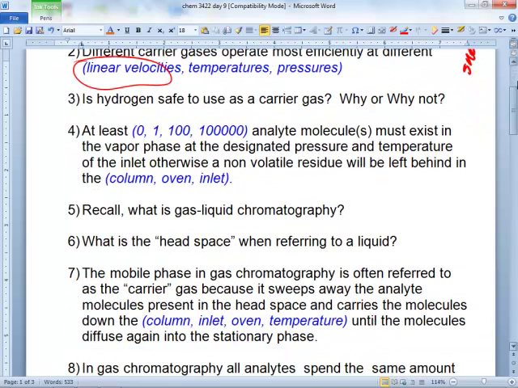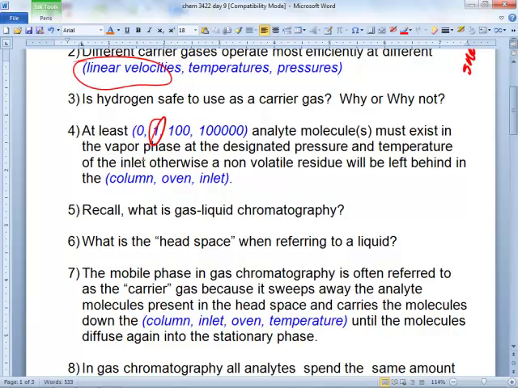How about number 4? At least how many analyte molecules must exist in the vapor phase at the designated pressure and temperature of the inlet? 1. At least 1. All right. Otherwise, non-volatile residue will be left behind.